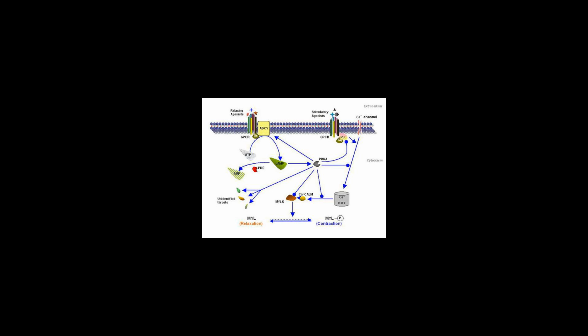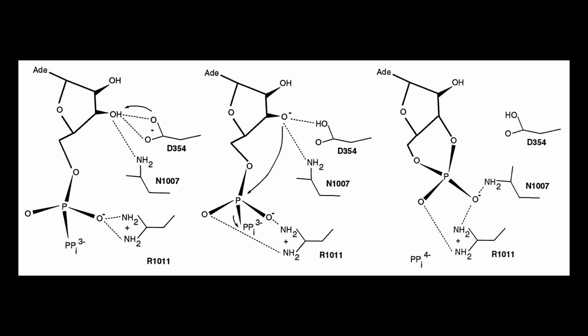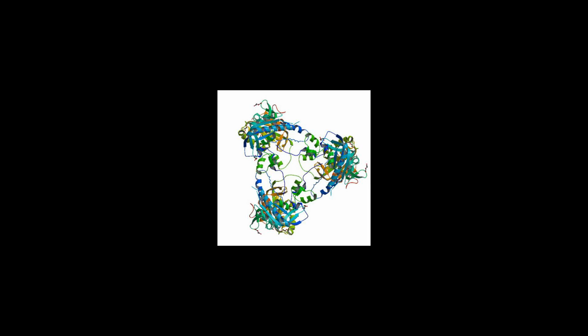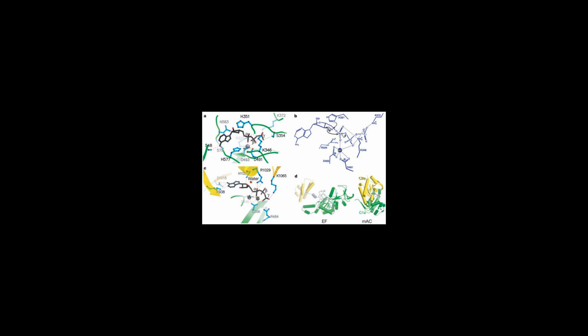Structure. Most Class 3 adenylyl cyclases are transmembrane proteins with 12 transmembrane segments. The protein is organized with 6 transmembrane segments, then the C1 cytoplasmic domain, then another 6 membrane segments, and then a second cytoplasmic domain called C2. The important parts for function are the N-terminus and the C1 and C2 regions.